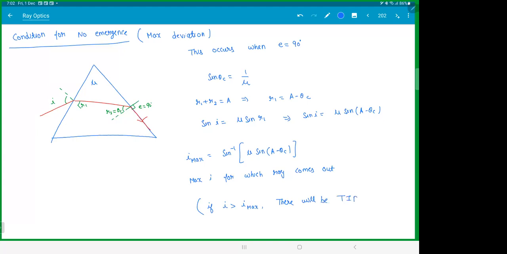The moment TIR happens, forget about prisms and everything, it's gone. So here, this will give you the maximum deviation. And how much is that? Delta max would be I plus E, where E is 90, minus A. This is the maximum deviation: I max plus 90 minus A. E is 90 here. So minimum deviation is a case, and there's a maximum deviation also a case.